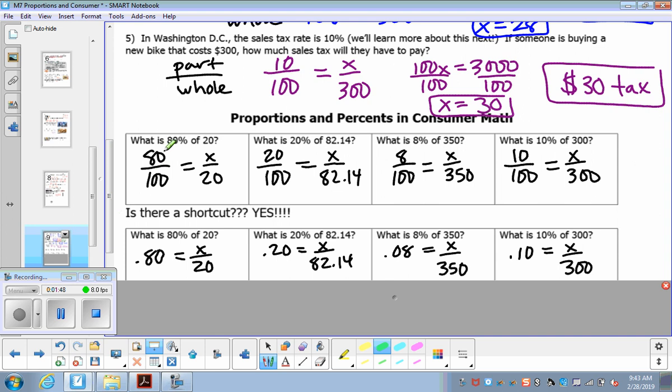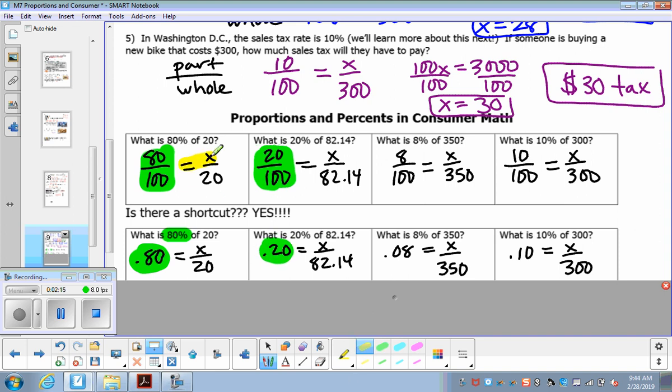So I want to throw this out there. 80 out of 100 is the fraction. What is 80 hundredths as a decimal? 0.80. So we have 80%, 80 hundredths would be the fraction, and 0.80 is the decimal. All right, for the next one, 20% is 20 out of 100, and I'm just taking that fraction and making it the decimal.